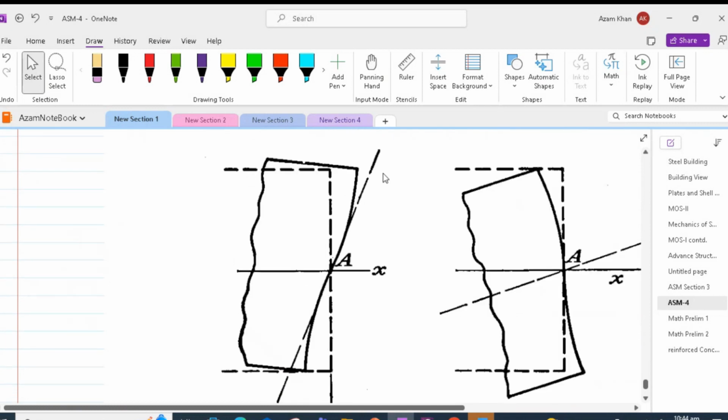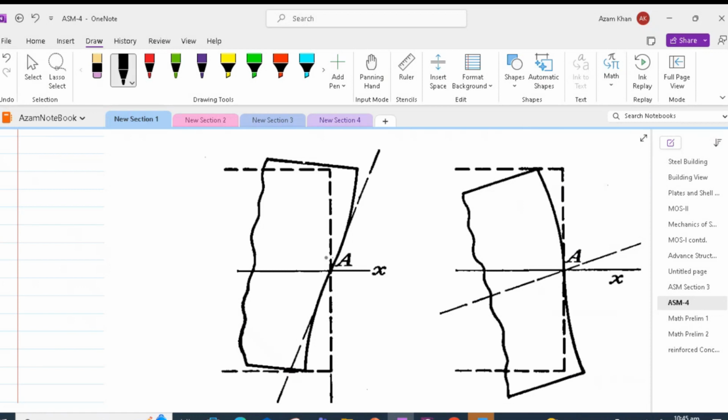So the plane section doesn't actually remain plane in our theory of elasticity. That means the plane section doesn't make a perpendicular angle with the neutral axis. We can see that this section is perpendicular to our neutral axis.